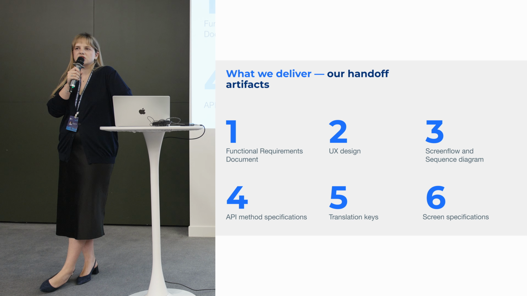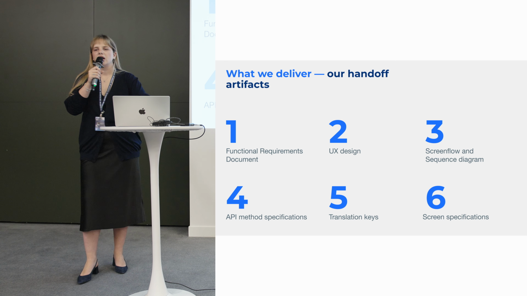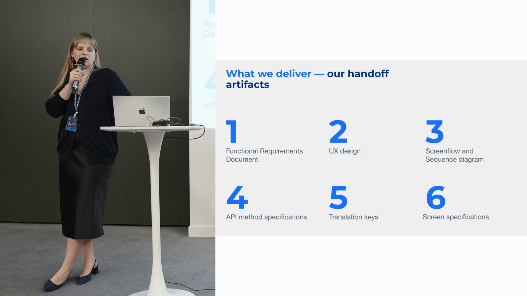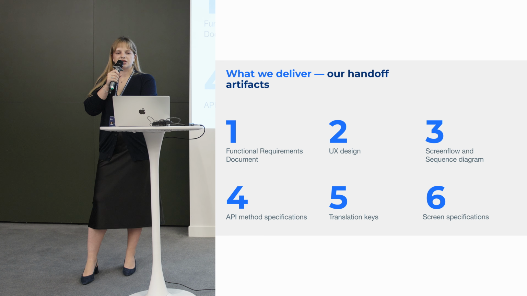Fifth is translation keys. In our applications, we use both languages, Arabic and English. We use specific tools for this, maybe Lokalise, maybe you know about it, and artifacts for this. And the last main one is the screen specifications document, which collects all of these artifacts.